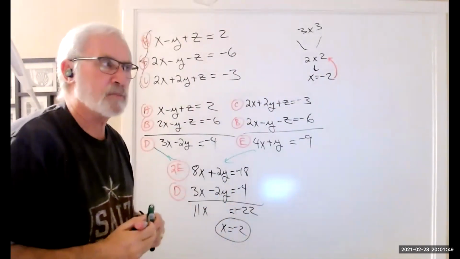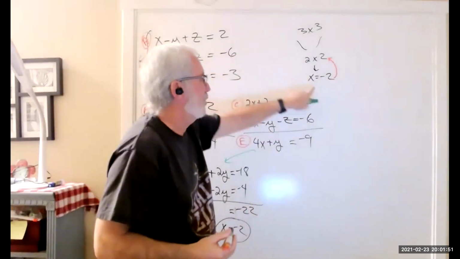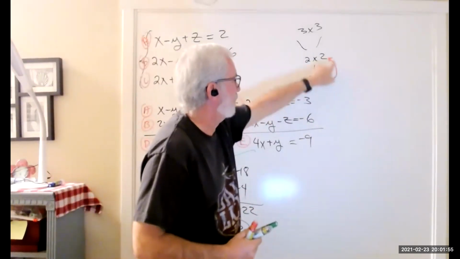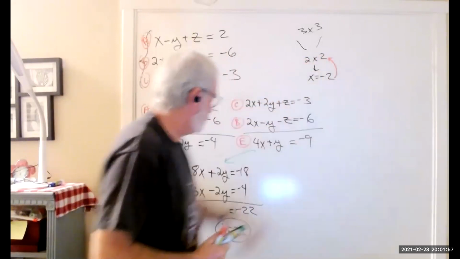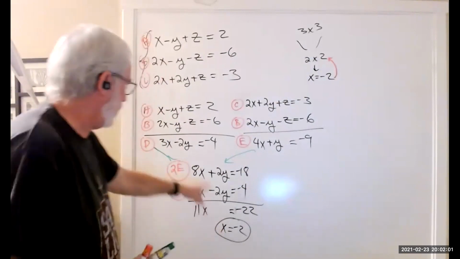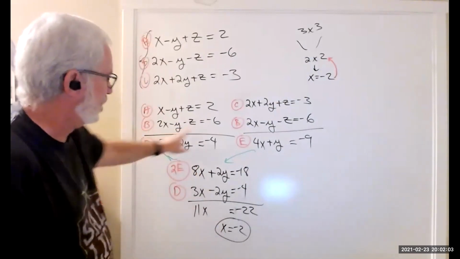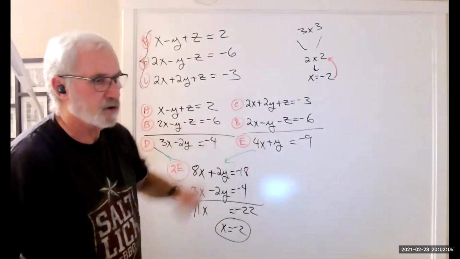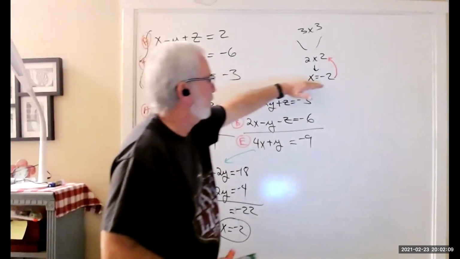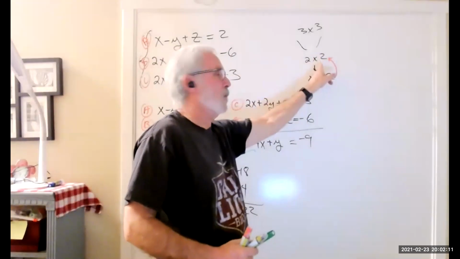You can't jump all the way back up here. So you're going to take your x equals negative 2 and plug it into one of the 2 by 2s, either D or E, it doesn't matter.